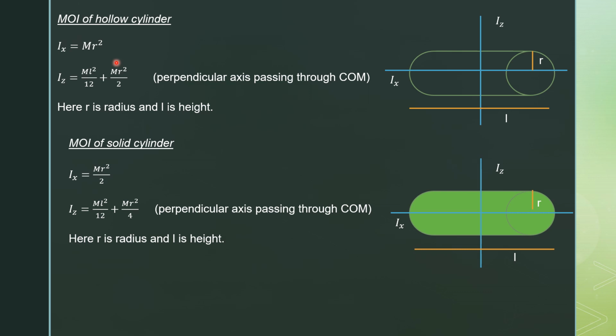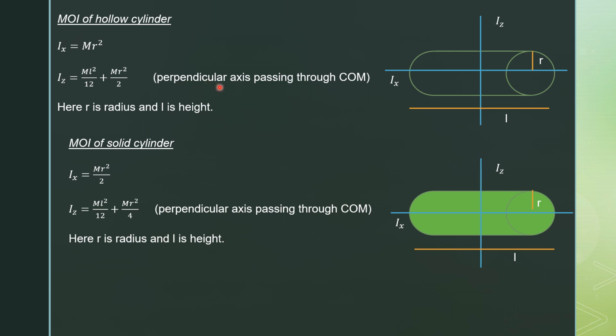So for hollow cylinder, the axis passing through its own axis will be Ix equal to mr². That is, we can relate it with the moment of inertia of a ring about its perpendicular axis. Also, Iz is equal to ml² by 12 plus mr² by 2.